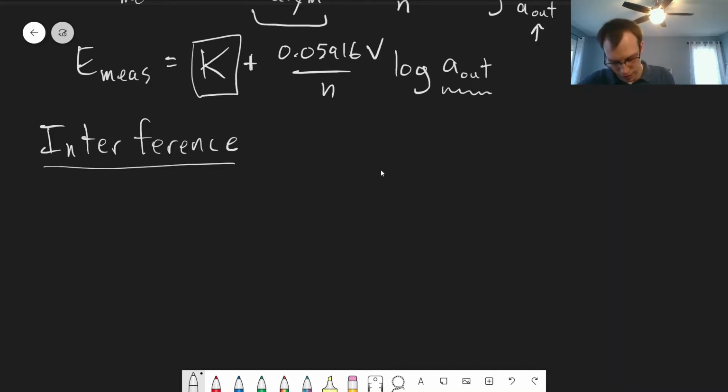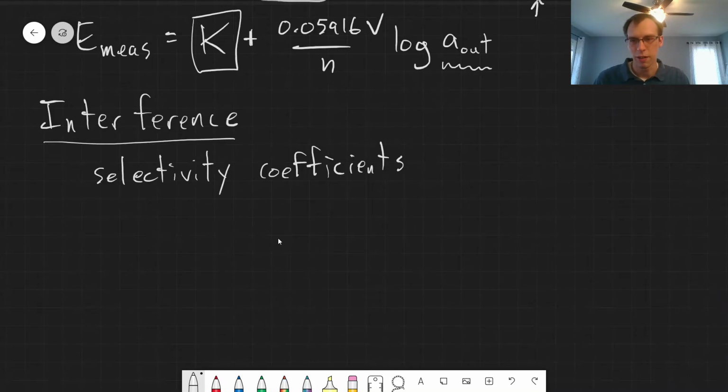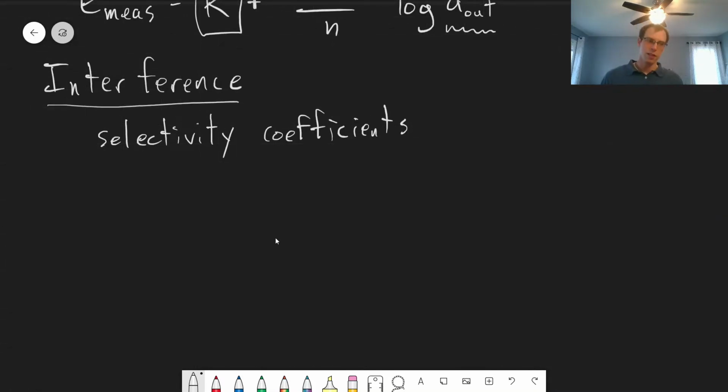And so the way this is kept track of quantitatively is with what are known as selectivity coefficients. And these are usually provided by the manufacturer of the electrode. They tell you that there are interferences from these specific things, and they give you these selectivity coefficients. So these are defined as, they're given the symbol K, A, comma, X in your book.